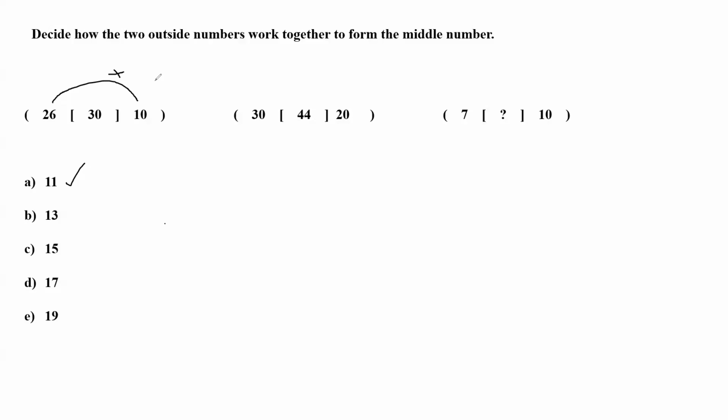But then I checked the next one, and I also did 30 add 20, which is 50. And then I thought that for both of them, if you subtract 6, it would become the answer. So what you have to do is add both of the sides and then subtract 6. And I did 7 add 10, which is 17. 17 subtract 6 is 11.